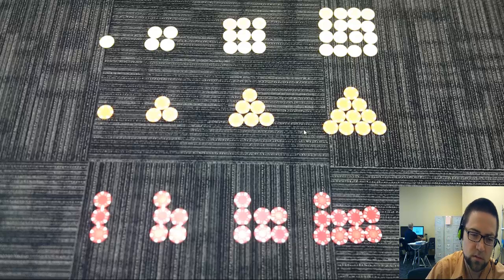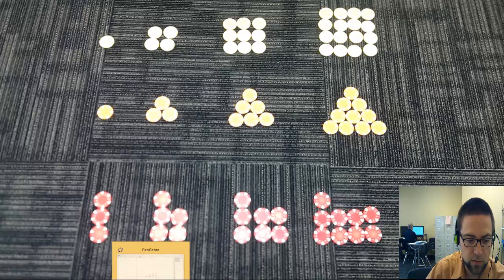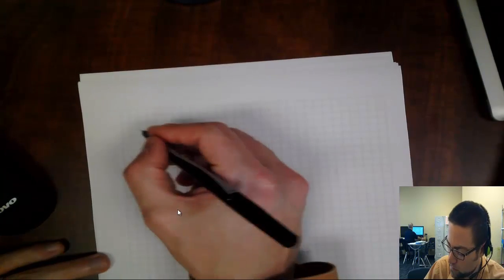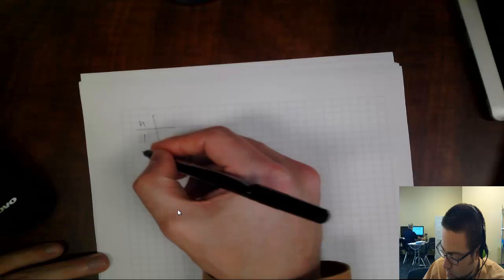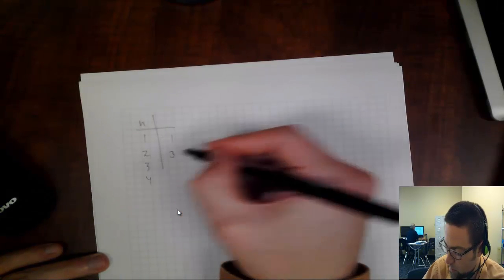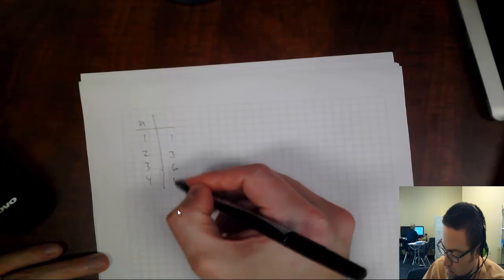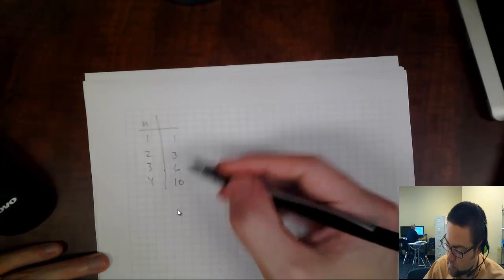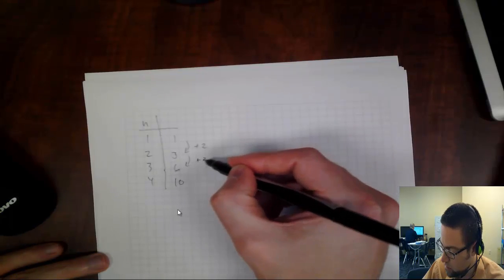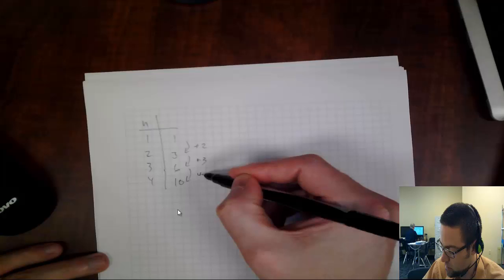So it's sort of making triangles. So it's a verbal way to describe it. And go back to there. Alright, so I can make a table. 1, 2, 3, 4. It was 1, then 3, and 6, and then 10. Right, so it looks like I add 2, and I add 3, and I add 4.